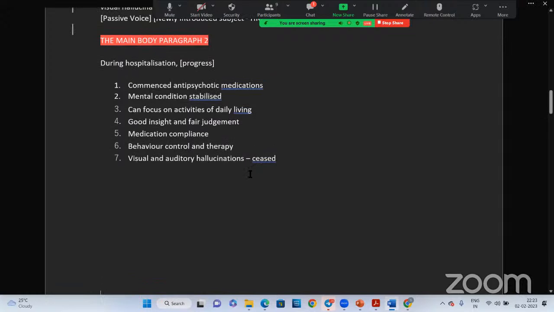So main body paragraph 2. During hospitalization, comma, one more student has written.